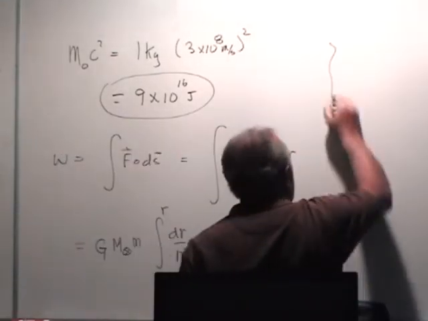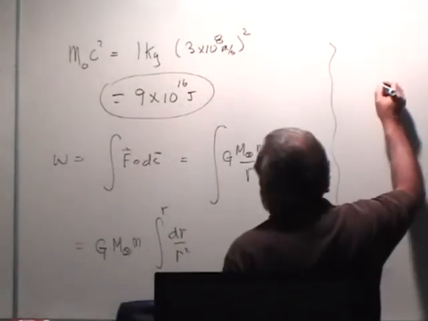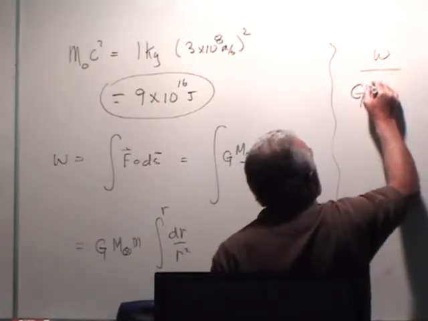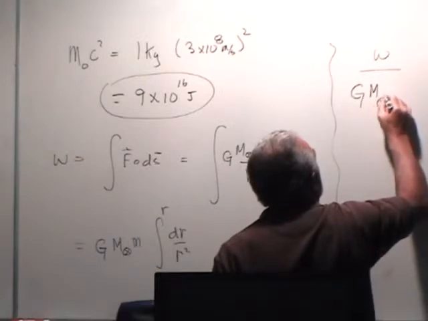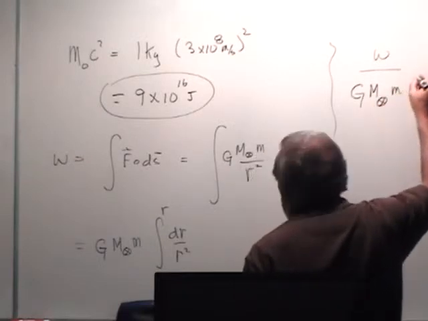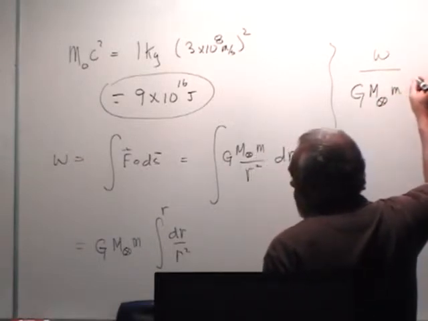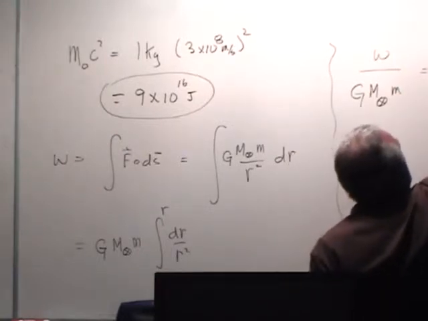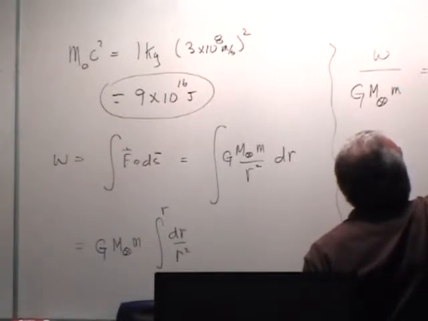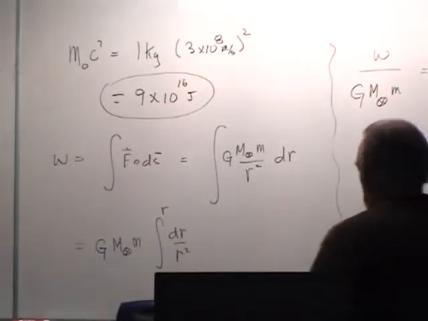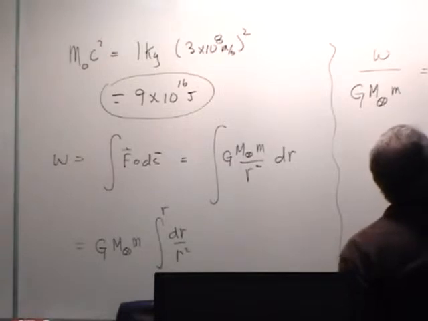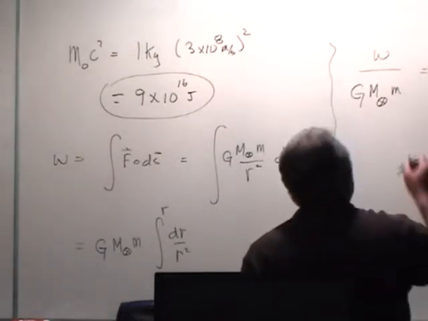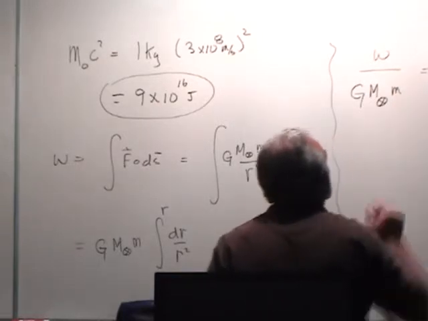So what we have then is that work divided by G, M, must equal the integral dr over R squared, like this. And that's the radius of the moon's orbit. So when we're done, really, the unknown mass goes here and the integral goes down there.